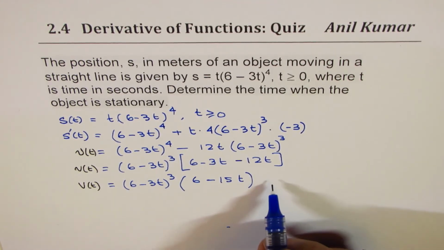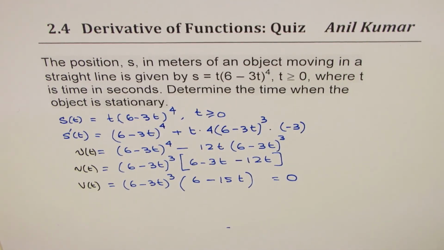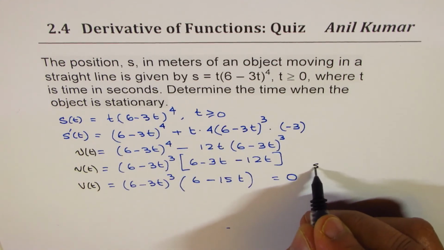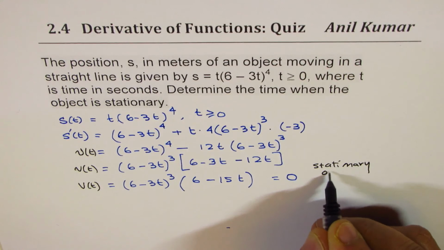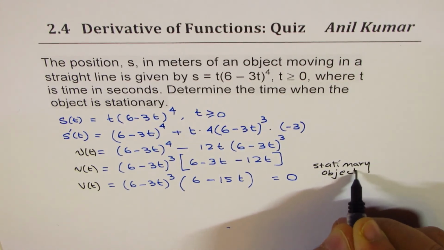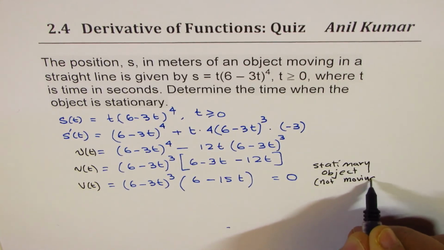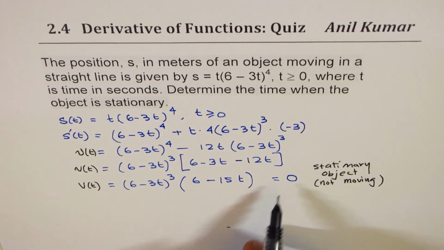Now for the object to be stationary, this velocity should be 0. So we want a stationary object, not moving, so velocity is 0. Now these two factors could be 0.